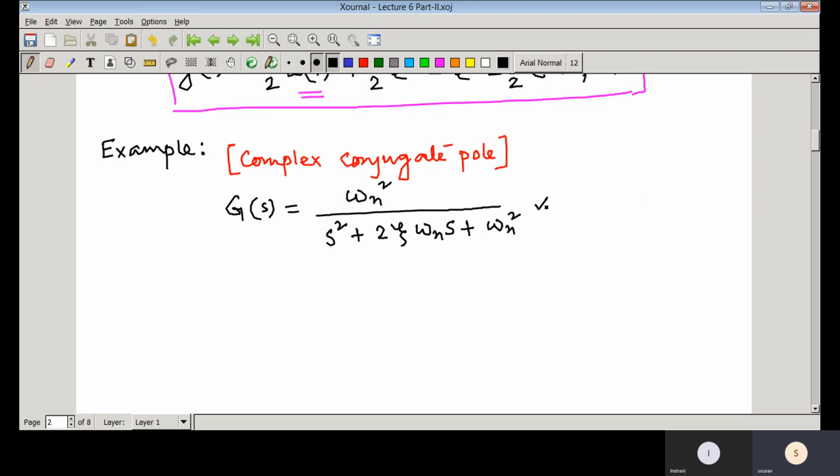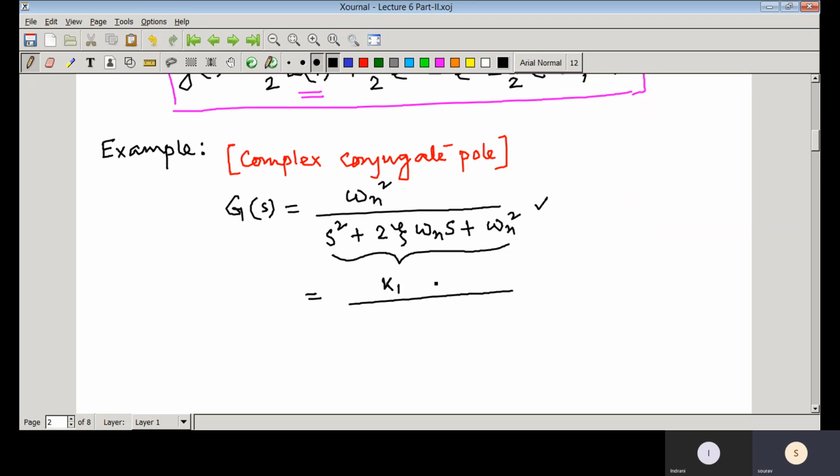So in this case it has two poles. You can see it here as it is second order. So s is equal to minus b plus minus root over b square minus 4ac by 2a. If you do that, you will see that it has complex conjugate poles.